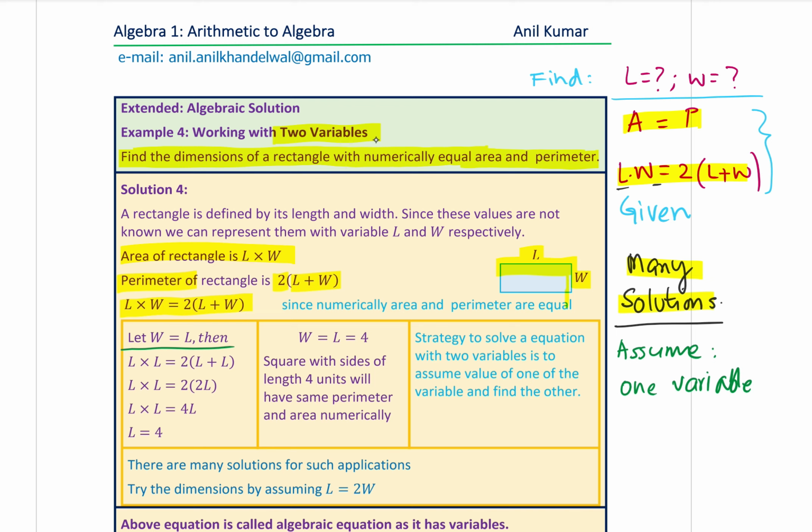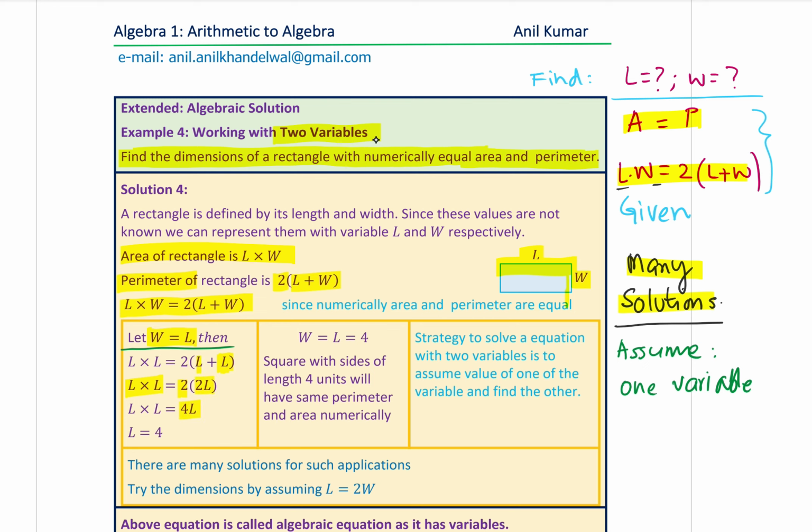Oh, good. Now, when I do that, I can now substitute. So when I say length is width, instead of width, I am writing length. So width is equal to L, so I wrote L, and this time we have the equation which says L times L is twice L plus L, which is 2L, which is 4L.